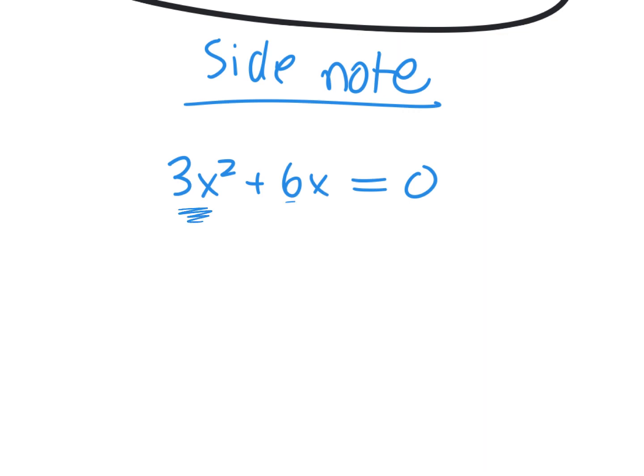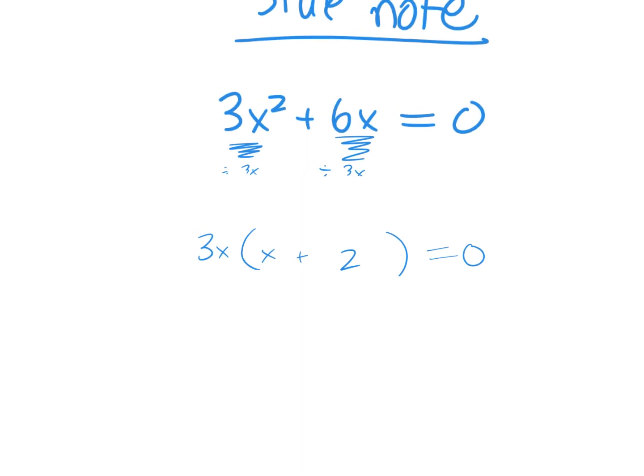Both 3x squared and 6x have a GCF of 3x. So what's left over if I divide out a 3x from both of these? I'm left with x plus 2. So if I wanted to solve this further, I could state the zero product property: 3x is equal to 0, and x plus 2 is equal to 0, which means my two solutions are 0 and negative 2.